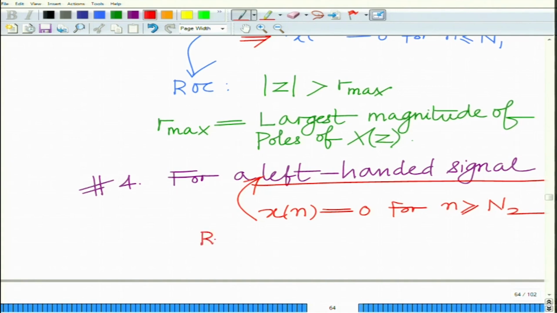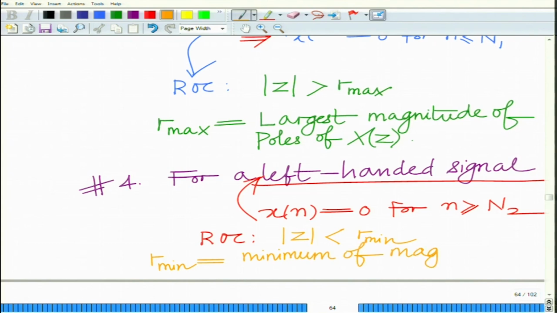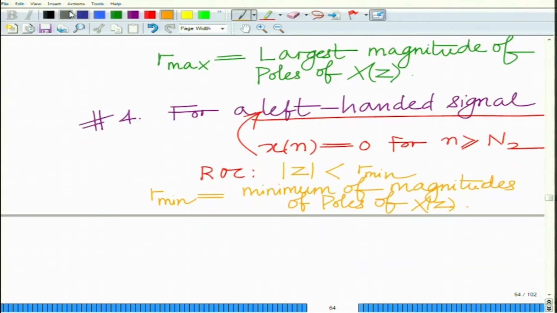This implies that the ROC is of the form magnitude of z is less than R min, where R min is the minimum of the magnitudes of the poles of X(z).